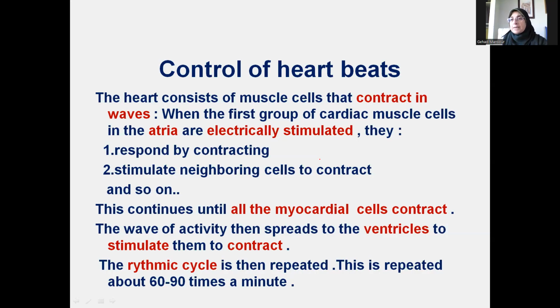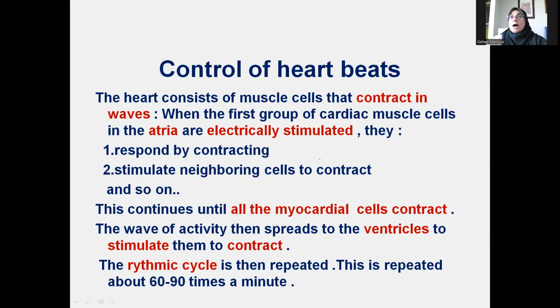Of course, it would take over and it would not allow the rate of the SA node to show on the heart. So the SA node may lose its job as a pacemaker of the heart if it becomes diseased and slows down, or even when it is normal and not diseased, but there is a mad pacemaker that appeared in the heart.